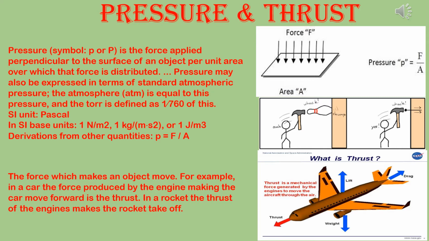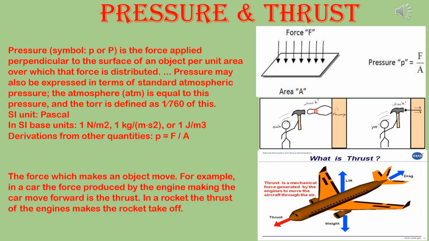Now, thrust is the force which makes an object move. For example, in a car, the force produced by the engine making the car move forward is the thrust. In a rocket, the thrust of the engines makes the rocket take off. So from pressure, the word thrust is coming here. Now see the diagram. In the first diagram, how force is exerted on a surface has been shown.